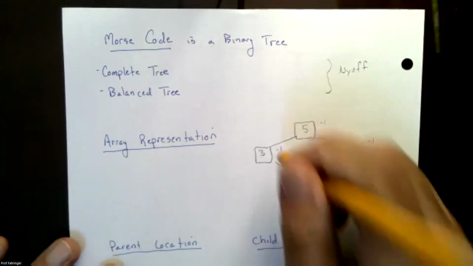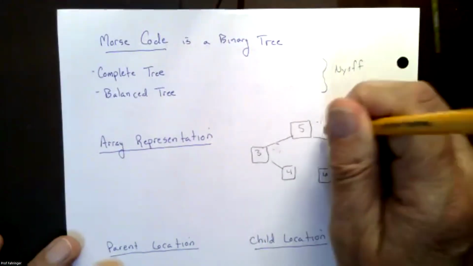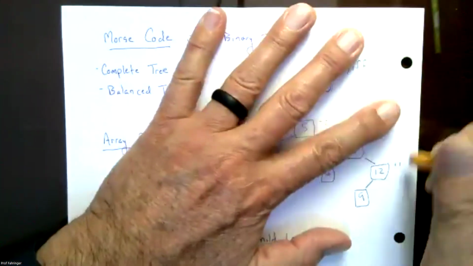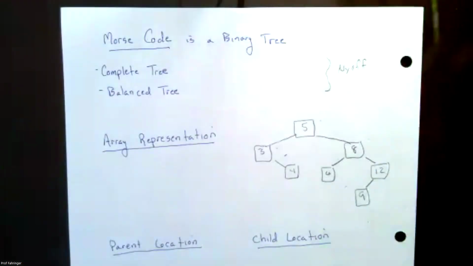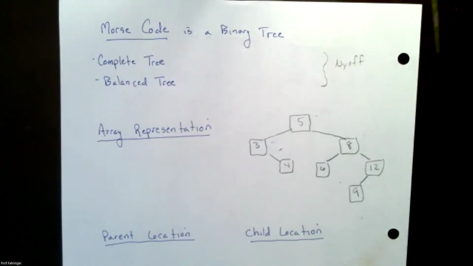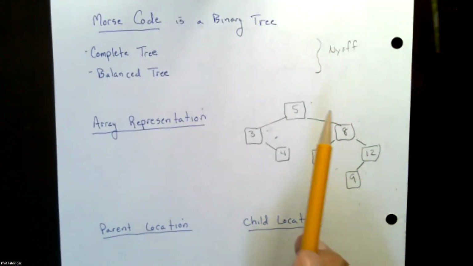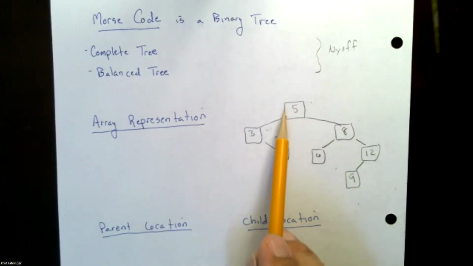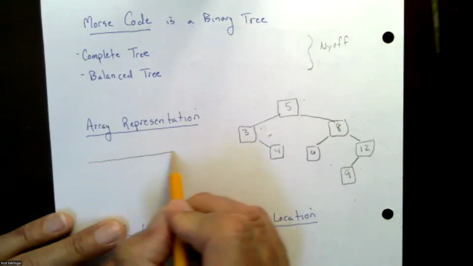The array representation for this guy, if I erase these out, what size array am I going to need for this? Well, when I fill the array, this is going into location 0.